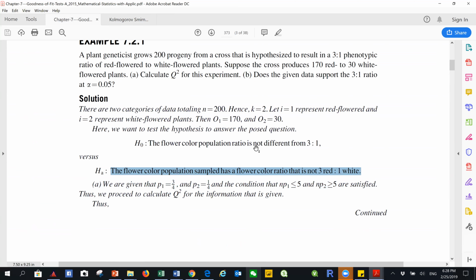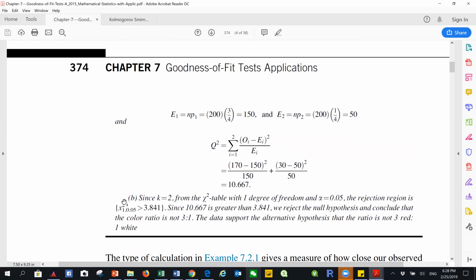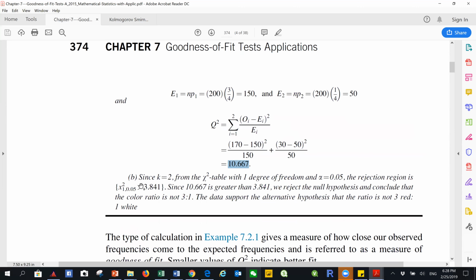It is different or not different from, but in fact it's a 1-tail test, because we need to say no if the Q square is greater. If Q square is small, then we won't be able to reject the null hypothesis. So although the hypothesis looks like a 2-tail test, it's actually a right tail test.